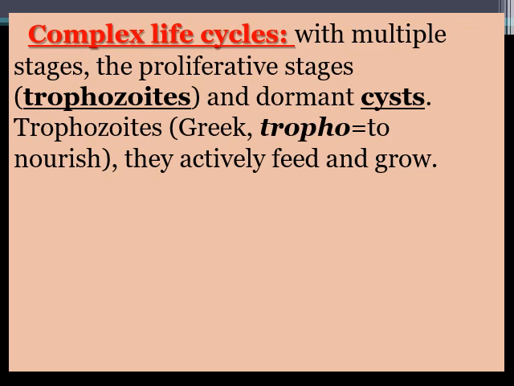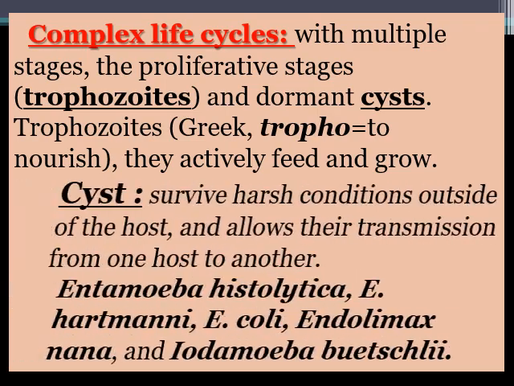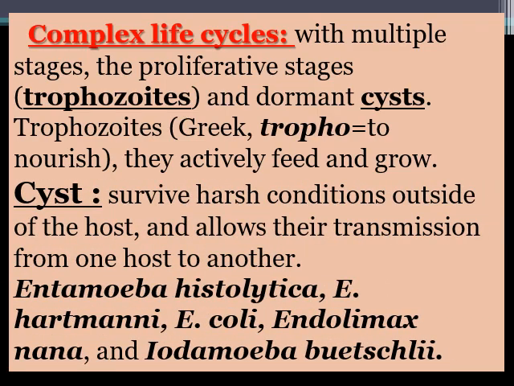Trophozoites are the nourishing stage that actively feeds and grows, while the cyst stage can survive harsh conditions outside the host because it has a hyaline wall, allowing transmission from one host to another. Like Entamoeba histolytica, which has two stages, trophozoite and cyst. Entamoeba hartmanni is the same, as are Entamoeba coli, Entamoeba polecki, and Iodamoeba butschlii.